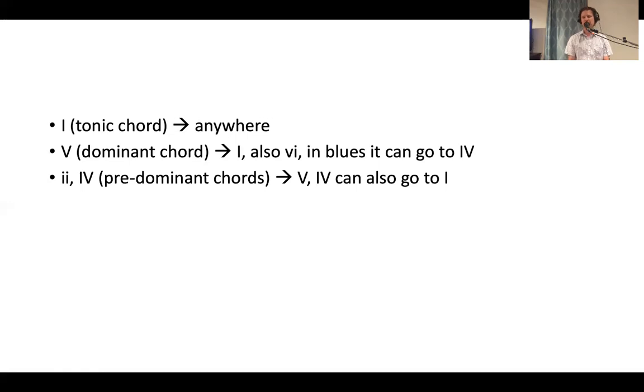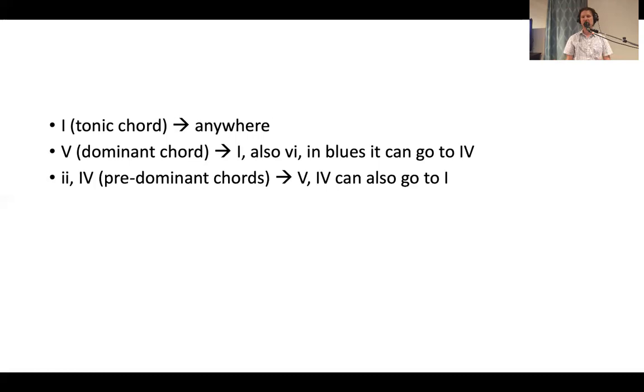The 2-5-1 progression is more common in jazz and in classical music. 4-5-1 is more common in popular music. And I also just want to point out that 4 in pop can also go to 1.